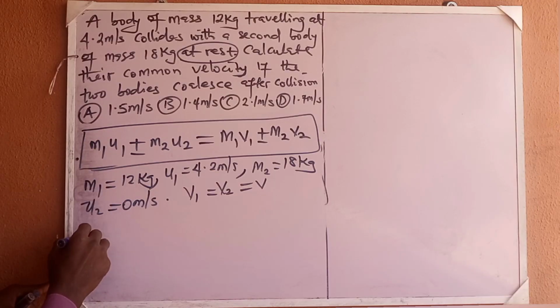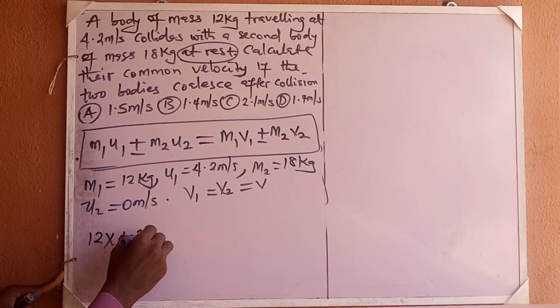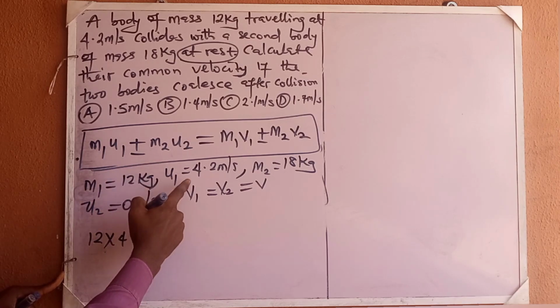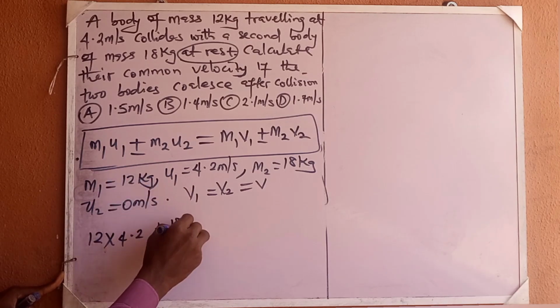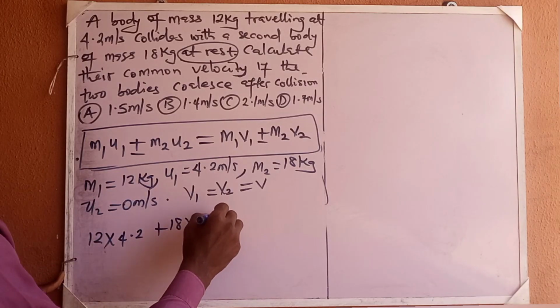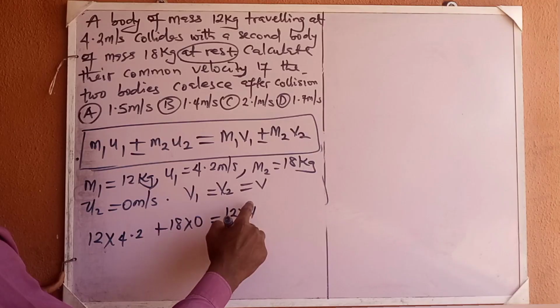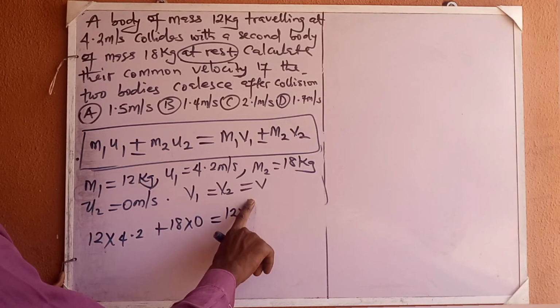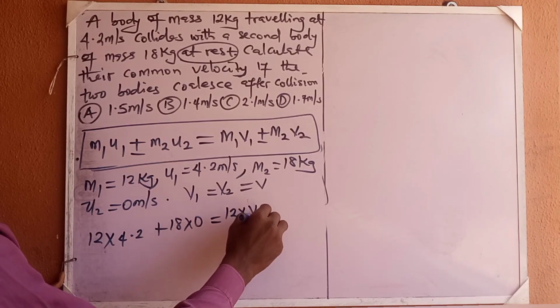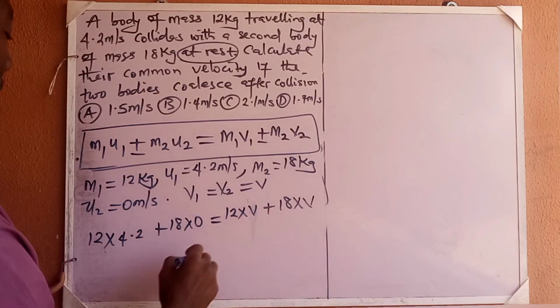So our m1 is 12, so we have 12 times u1, 4.2, then plus m2 is 18 times 0, because u2 is 0, it was at rest. This equals m1, which is 12, times V. Of course, we are not going to use V1 like I've explained, plus m2, 18, multiplied by V.